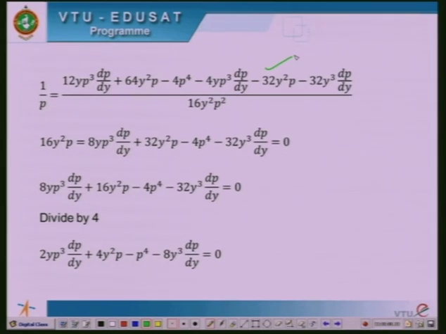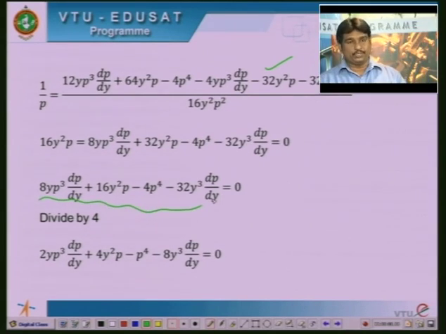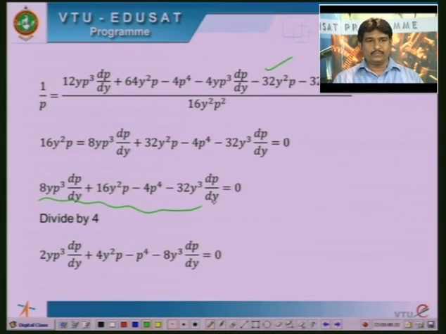Cross multiply 16y square into p square and simplify to get this equation: 8yp cube dp by dy plus 16y square p minus 4p to the power of 4 minus 32y cube into dp by dy equals 0. Divide throughout by 4 to get this reduced equation.